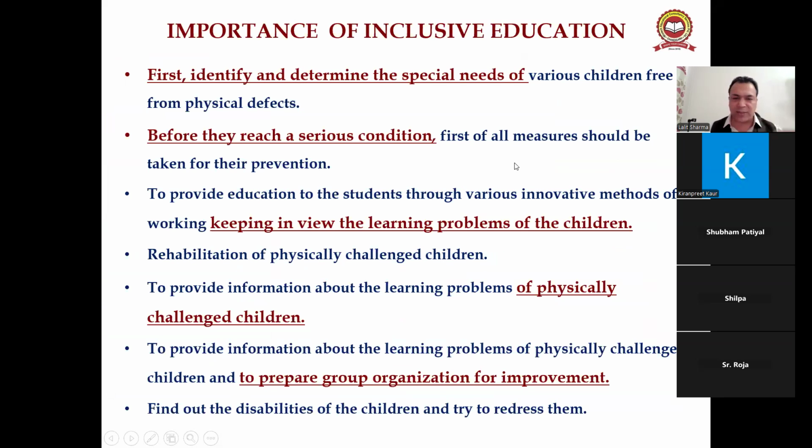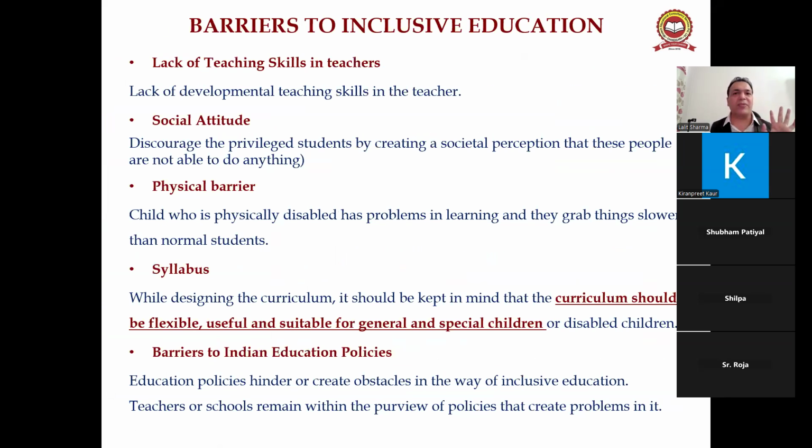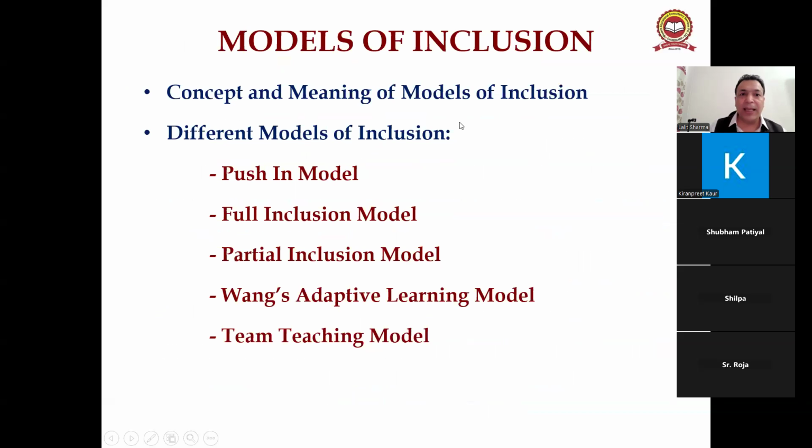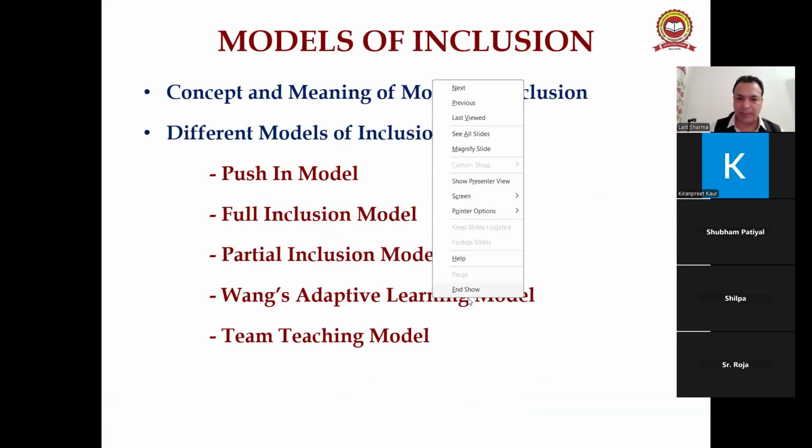Barriers, all of the barriers, and measures or strategy for implementing inclusive education, this also we discussed. And after this, I have thoroughly discussed all the models: push-in model, full inclusion model, partial inclusion, Wang's adaptive learning model, and team teaching model.